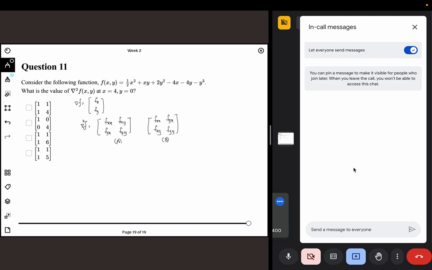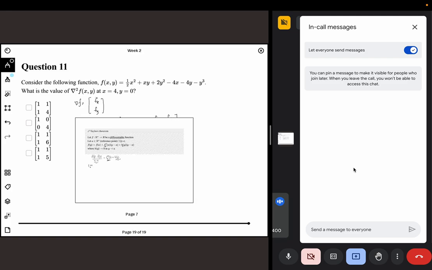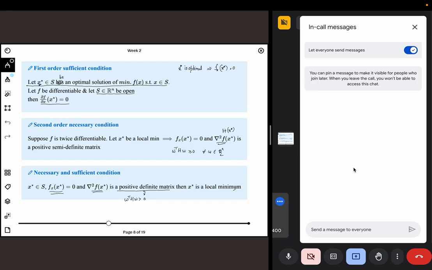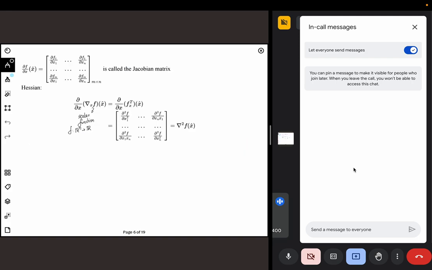Let me just show the notation. So this is the notation we are using. As per this notation, what should my equation be? Which of those, A or B, will be my condition?